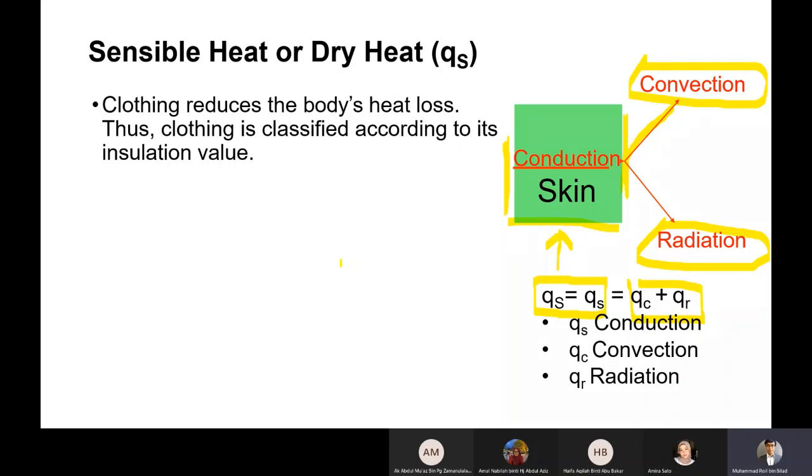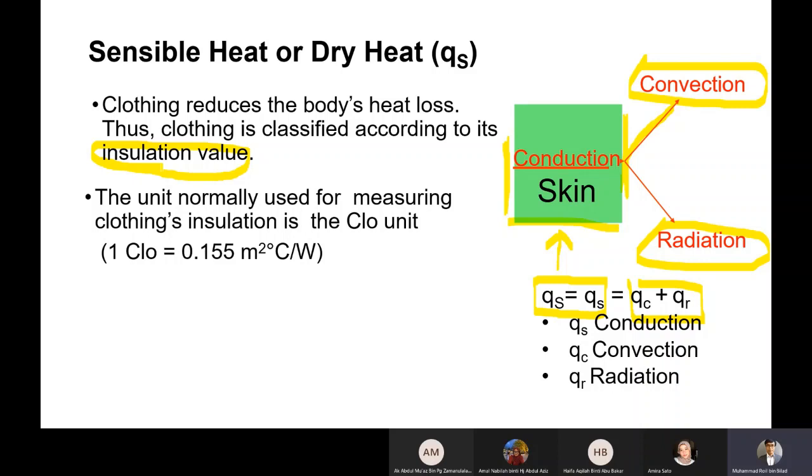Okay, that's the thing. Another aspect of convection is that we humans have clothing. Clothing acts as an insulator. So by wearing clothes, we actually reduce the rate of heat transport from our body to the surrounding. Clothing acts as an insulator.